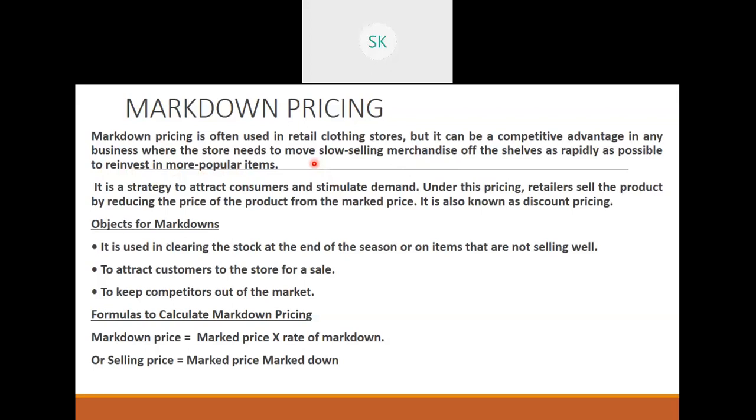Okay, markdown pricing is, they will reduce the prices and put it up, something like your clearance sale kind of a thing. Now here what happens is, this is used in retail clothing centers. So you can see that when you mark down the price, in such a case the stock which was always kept in the shelves will immediately get over.